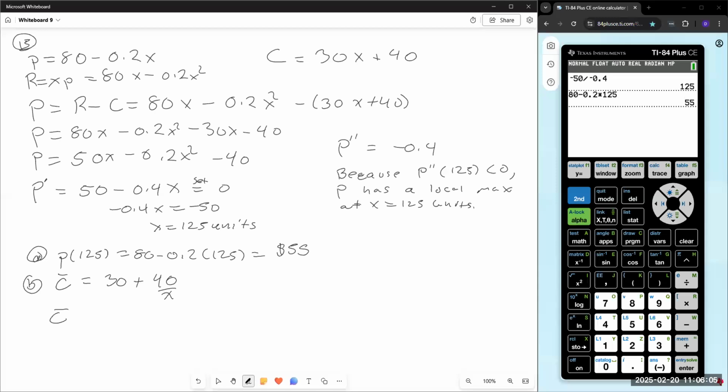And I want C bar of 125 units, which is 30 plus 40 over 125. 30 plus 40 over 125 is $30.32 per unit average cost.